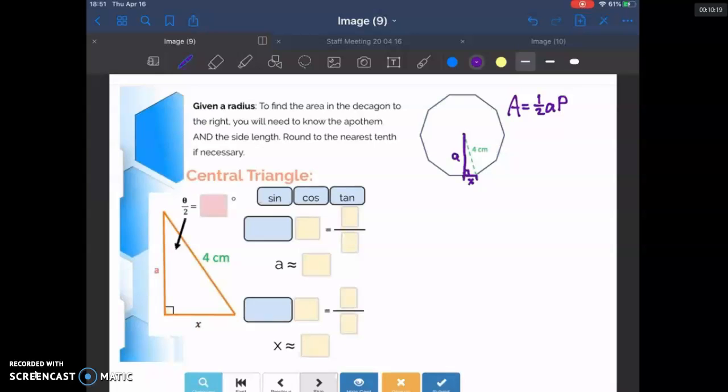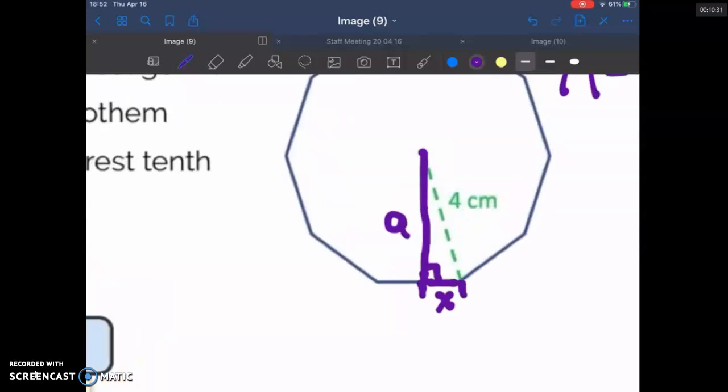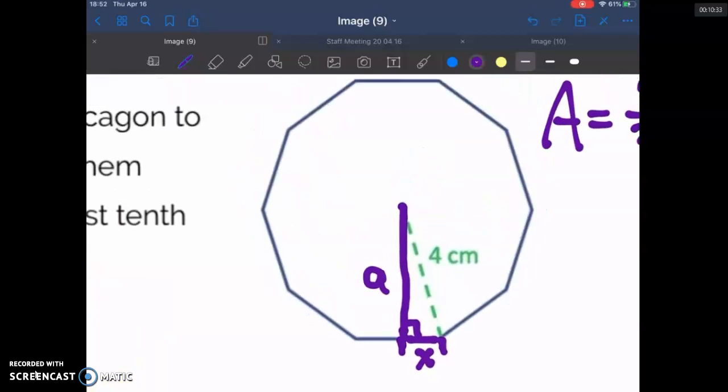So we're going to start by figuring out the measure of this angle. A decagon has 10 sides, which means if we divided our decagon into triangles, all of them would have a 4 centimeter radius, but there would be 10 of these.